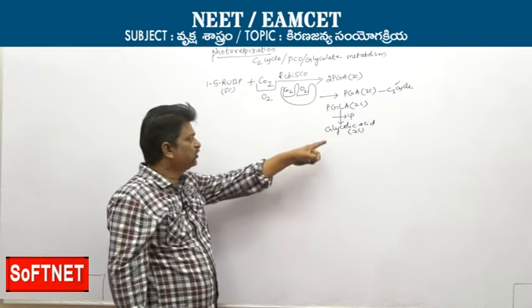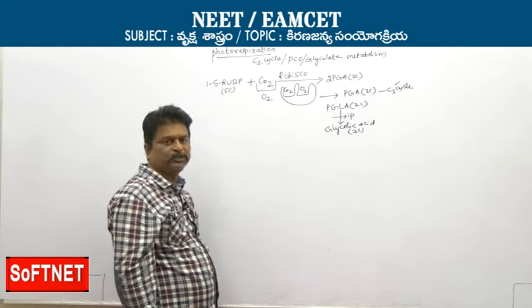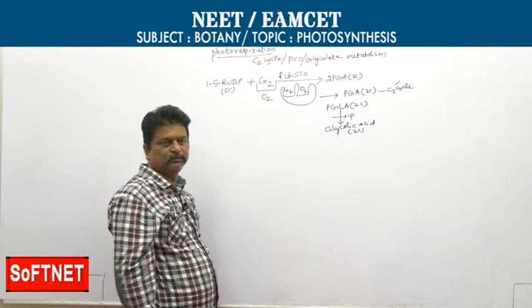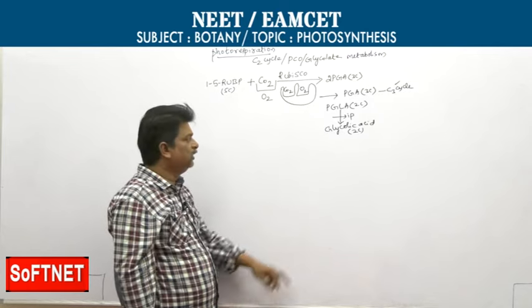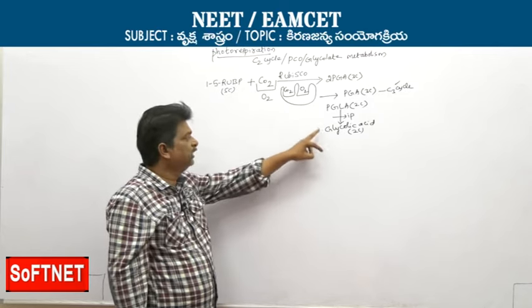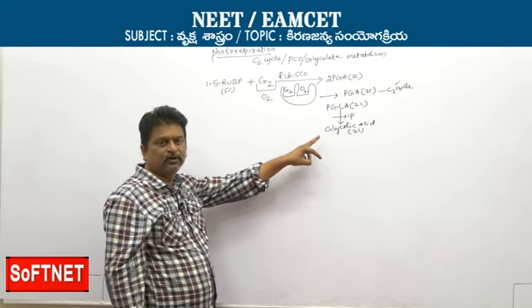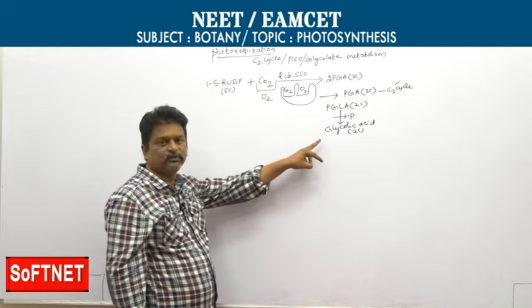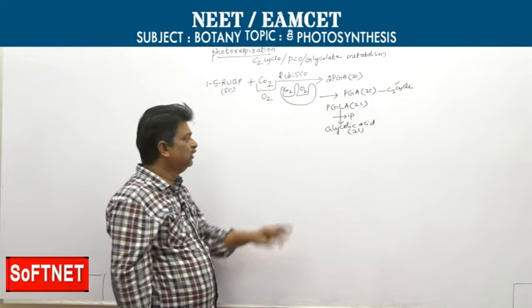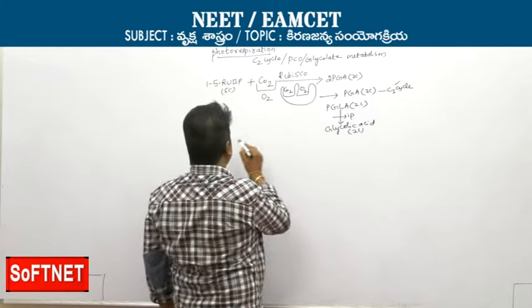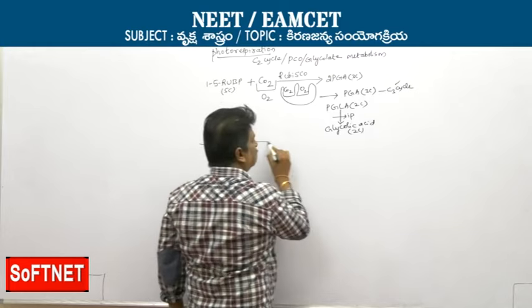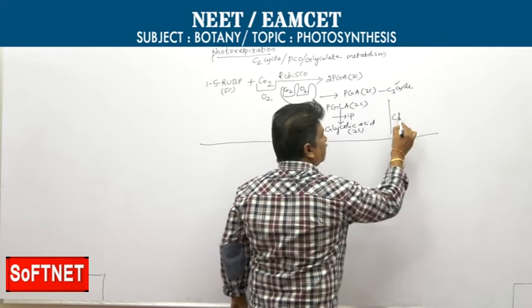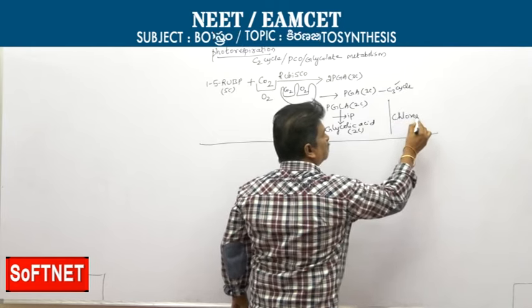And the main substrate for photorespiration is this glycolate or glycolic acid. Hence, this cycle is called glycolate metabolism. Then, up to glycolic acid, these reactions occur in chloroplast.